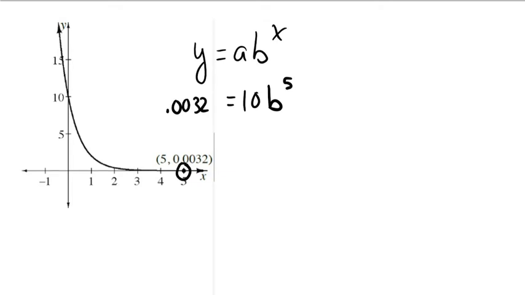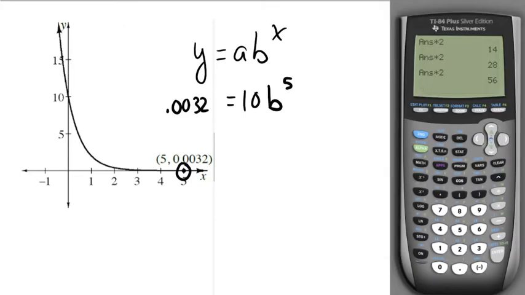So when I write this down, you can see that's kind of nice, because there's only one thing I don't know there. I don't know what b is. And we might say, well, finding b could be very, very difficult. But as we've just seen, it's not as difficult as we might think. So if I take 0.0032 and I divide that by the number 10, that's just going to throw an extra 0 in there.